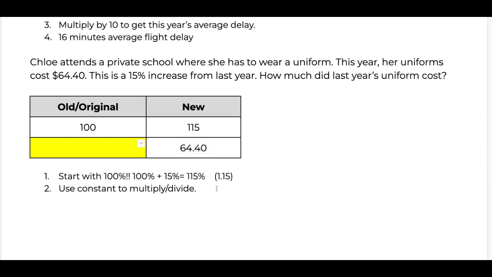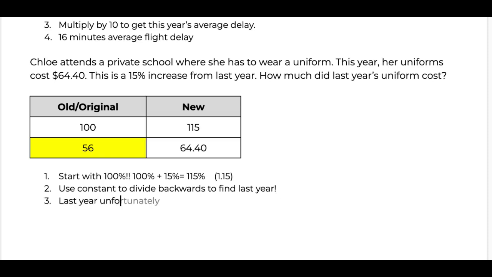And when we're going backwards, we're always going to divide. Backwards to find last year. So we're going to take our 64.40 and we're going to divide by that 1.15, and that's going to give us 56.